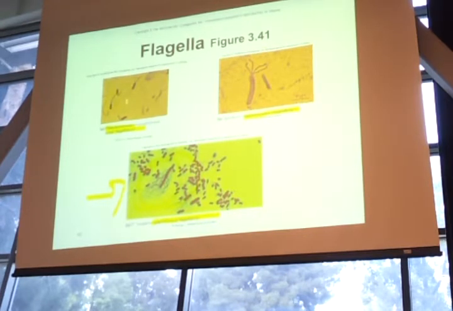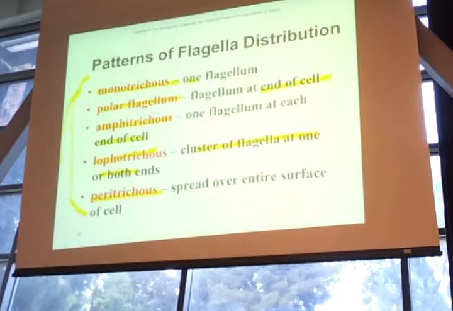How do you know the difference between the polar one and the flagella? If you said it was polar, you wouldn't really know for sure if it was at one end. If it was monotrichous and it was polar, then you would know there was one. And if it's amphitrichous, then you know it's polar.